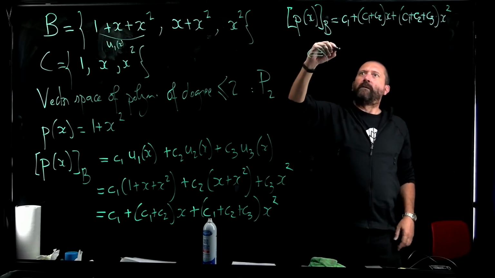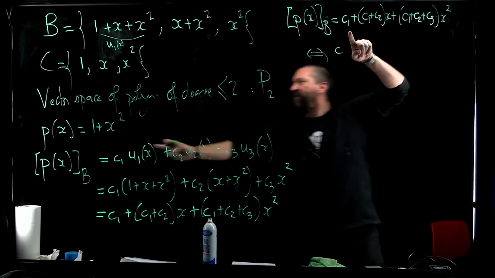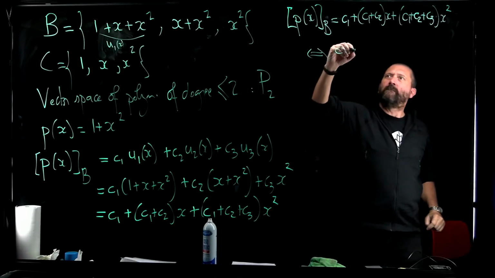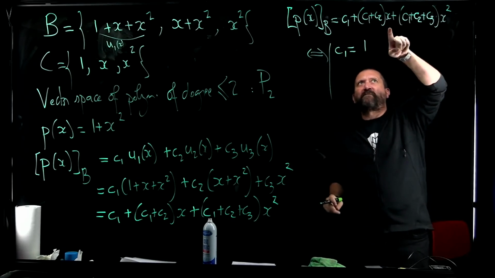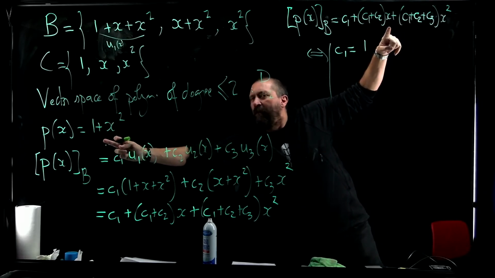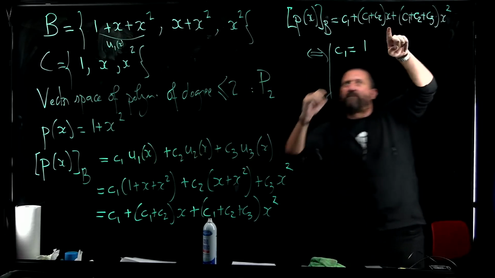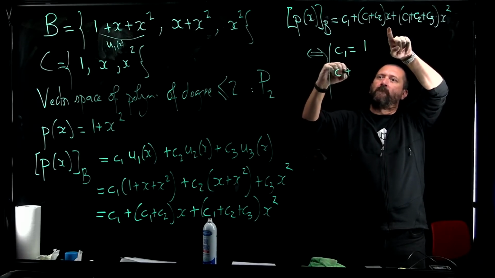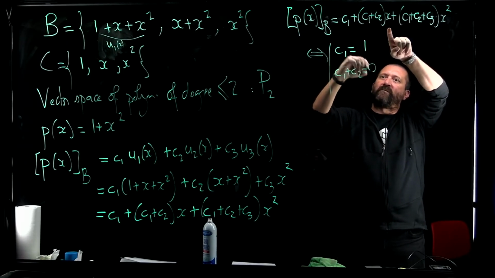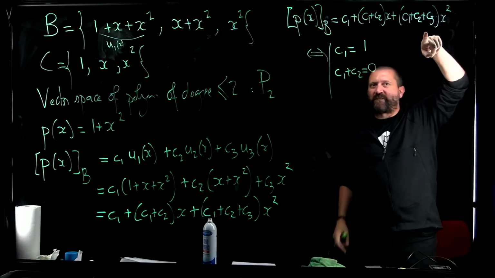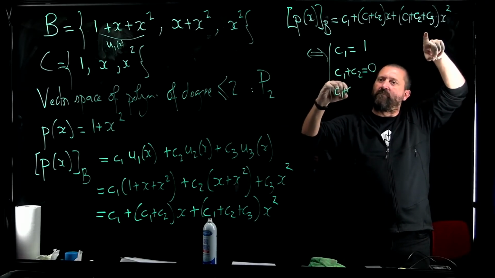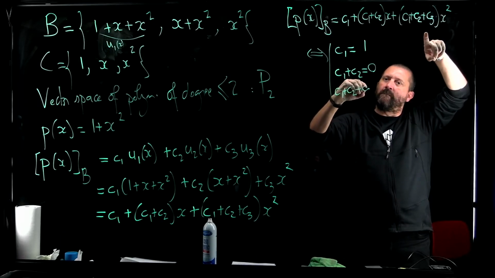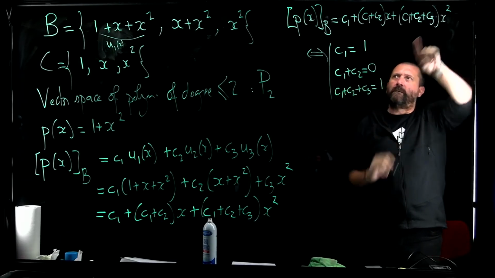Well, C1, this coefficient of degree 0, has to be equal to 1. For the coefficient of degree 1, there's none here, so C1 plus C2 is equal to 0. And the coefficient of degree 2 is 1, so C1 plus C2 plus C3 equals 1.